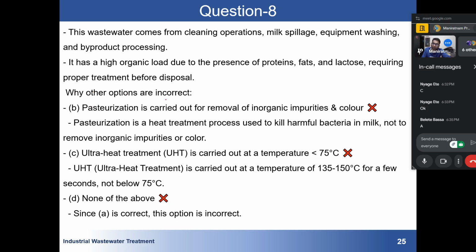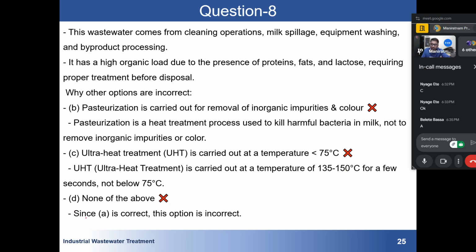Why are the other options incorrect? Pasteurization is carried out for removal of inorganic impurities, but pasteurization is simply a heating process. It does not remove inorganic impurities. Its purpose is to kill harmful bacteria. Ultra heat treatment is carried out at a temperature of 135 to 150 degrees Celsius, not at 70 degrees Celsius, for a few seconds, not below 75 degrees Celsius.